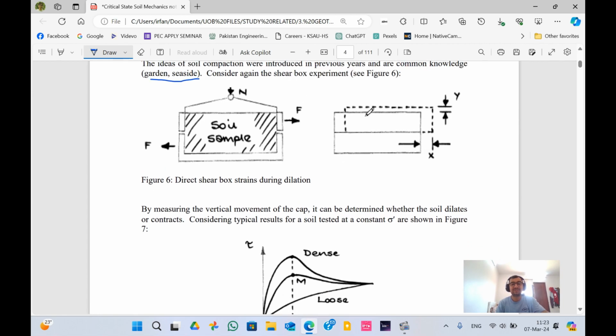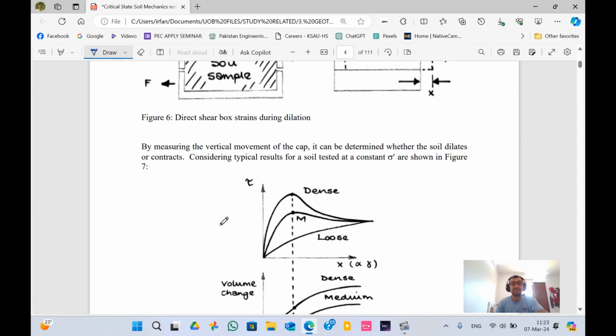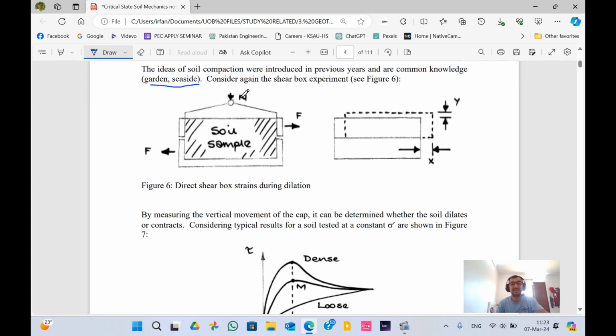Now, these are the two halves of the soil sample. When you apply the normal stress and the shear stress, it fails in this way. By measuring the vertical movement of the cap, it can be determined whether the soil dilates or contracts. This is the cap.